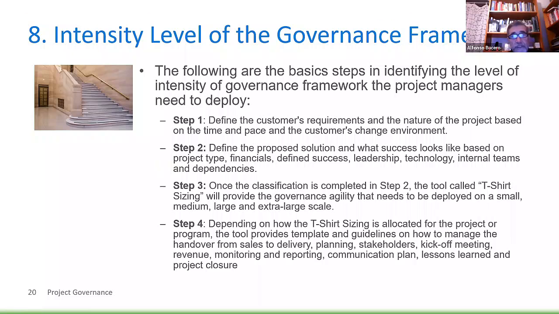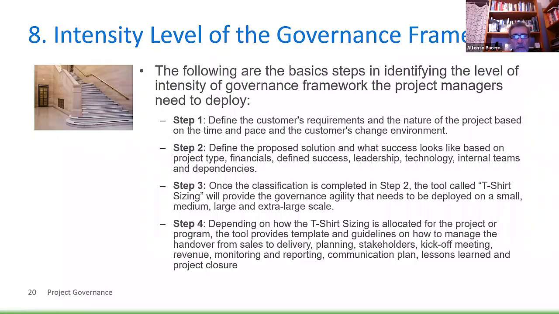And number four, depending on how the test sizing, the customized group of things that you have defined, is allocated for the project or program, the tool provides templates and guidelines on how to manage the handover from sales to delivery, planning, stakeholders, kickoff meeting, revenue, monitoring and reporting, communication plan, lessons learned, and project closure, and so on.